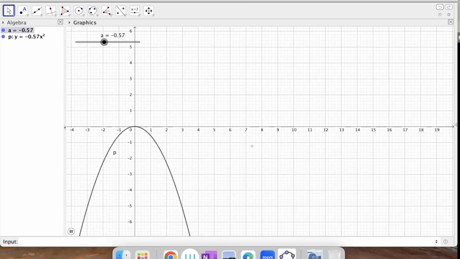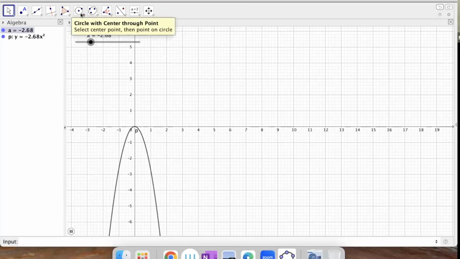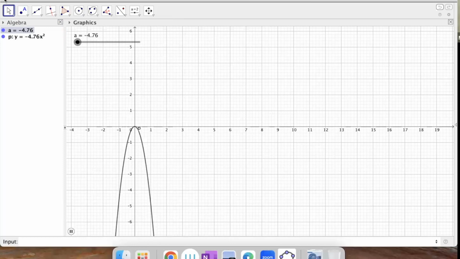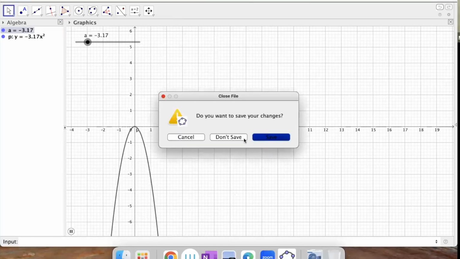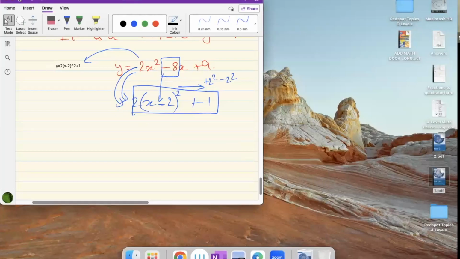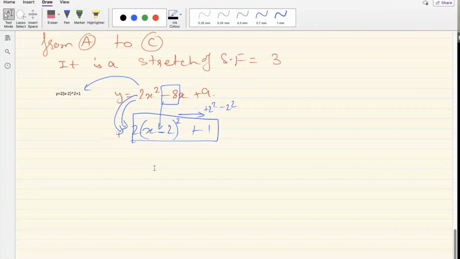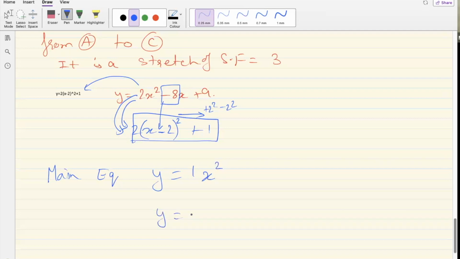So whatever the value of a is, the reverse of that is the scale factor. For example, main equation y equals 1x square. New equation y equals 2x square, so scale factor is 1/2.